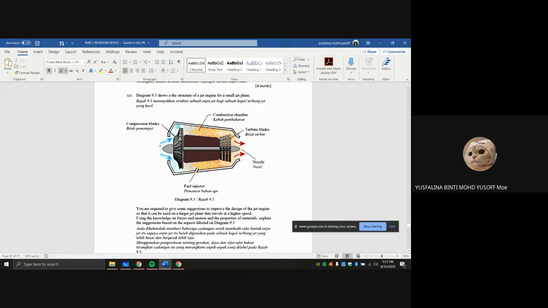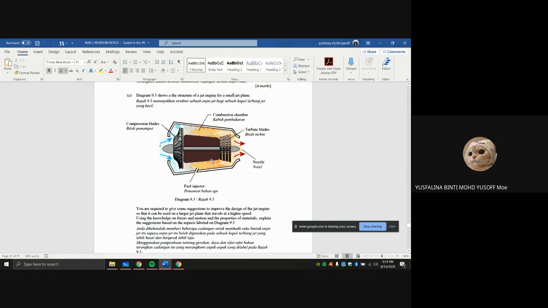Because if it is smaller, the velocity of the gas will be increased. If the velocity of the gas is increased, the momentum here is increased. So of course, the rocket will move in the opposite direction with a higher velocity also.